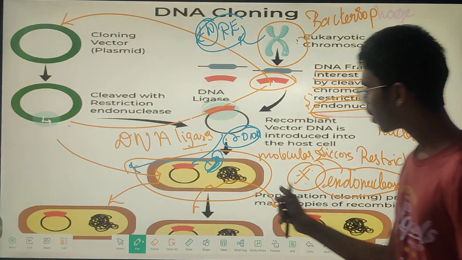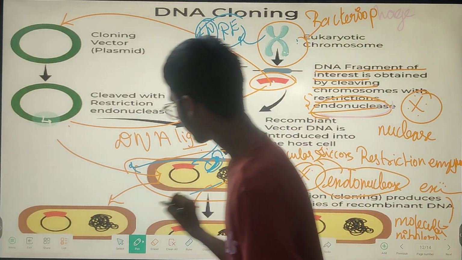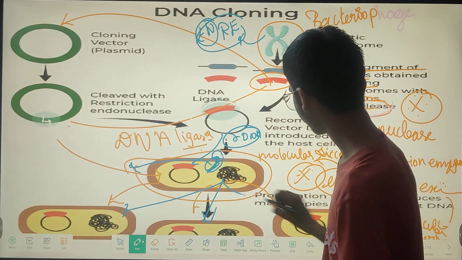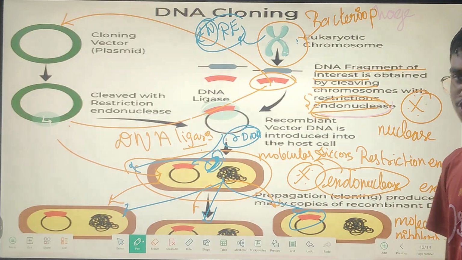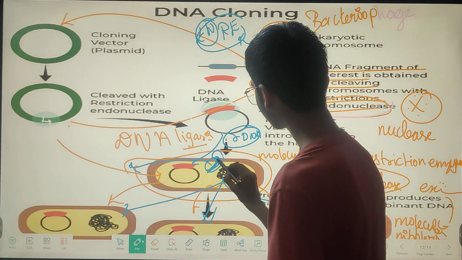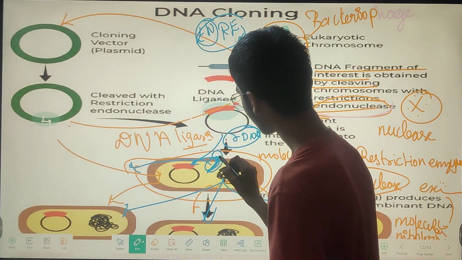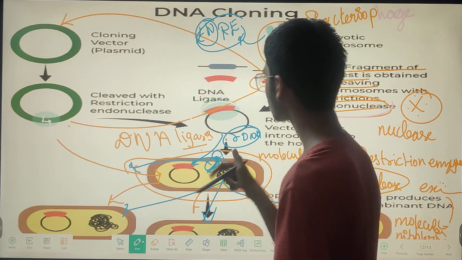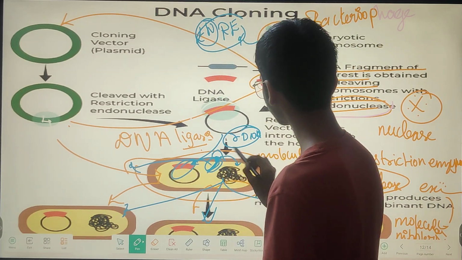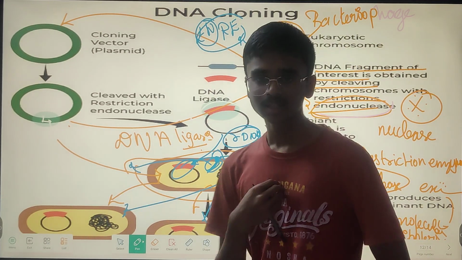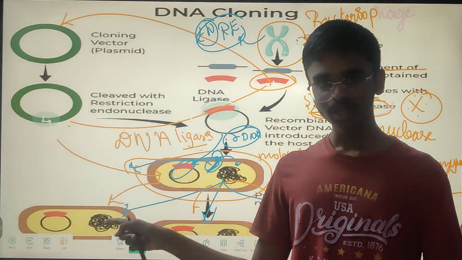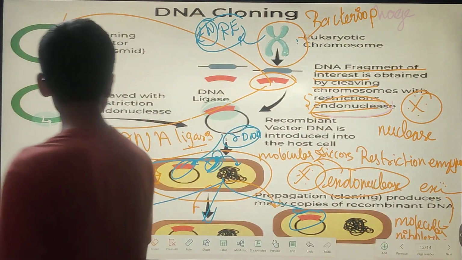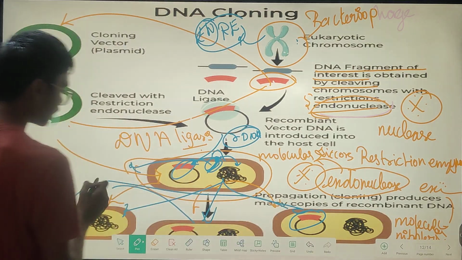Now this cell will start to divide, and while dividing this plasmid will also divide, and this plasmid has its own gene. Generally this bacteriophage gene will not go here, but will go here instead, but we can do it here also. Then these cells will start to produce the required product.